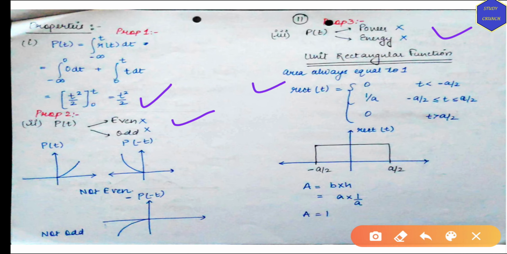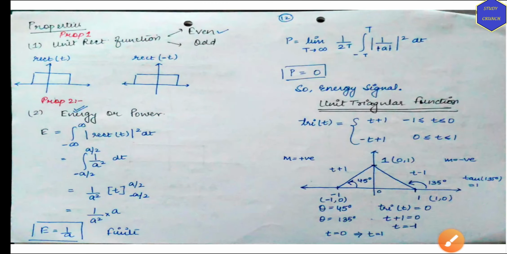Now comes the rectangular function. Its area is always equal to 1. The rectangular function states that from minus a by 2 to a by 2, it will have a value of 1 by a. So basically the area comes out to be 1. Now the properties.